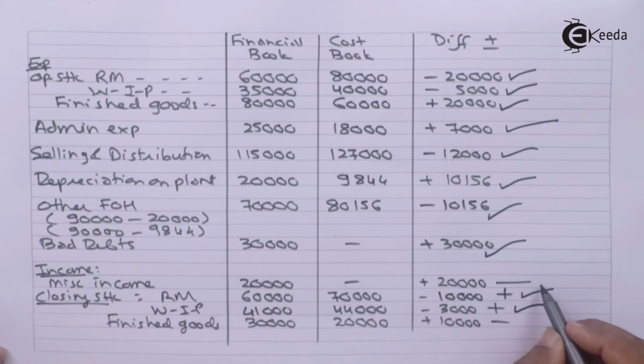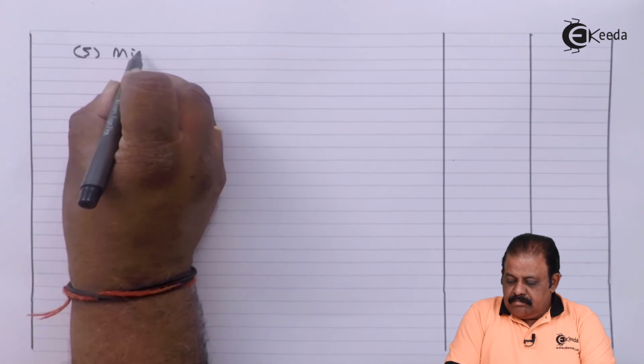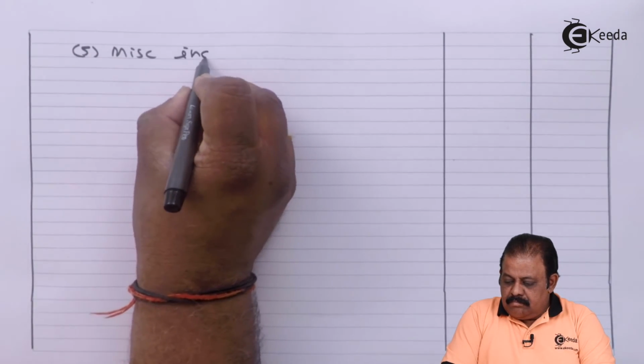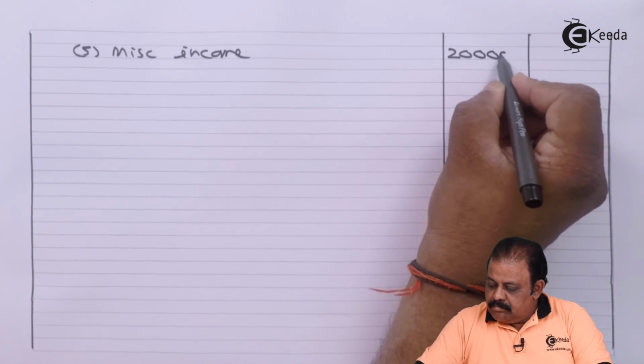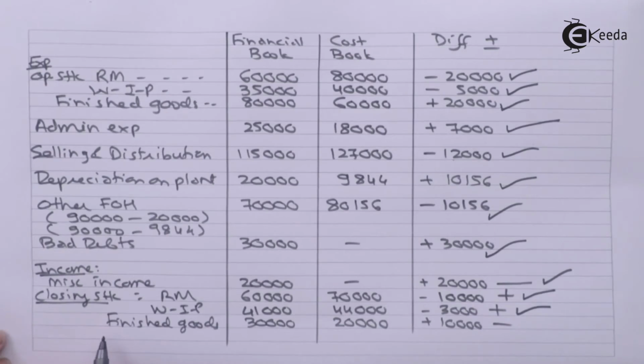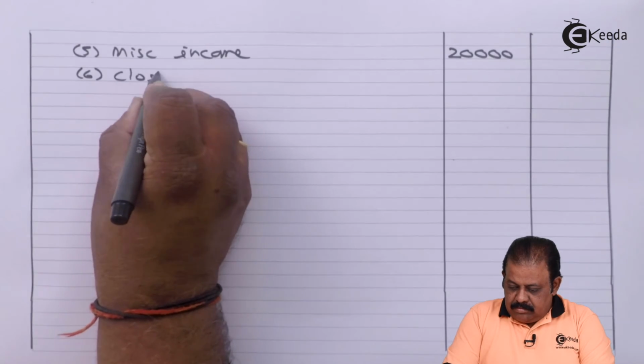Miscellaneous income 20,000. Closing stock of finished goods 10,000.